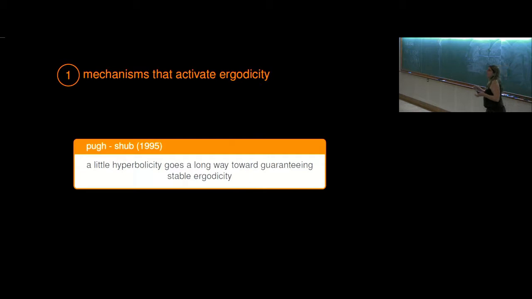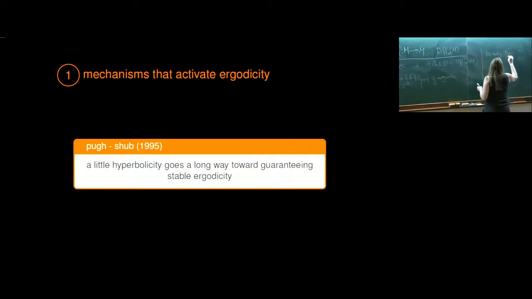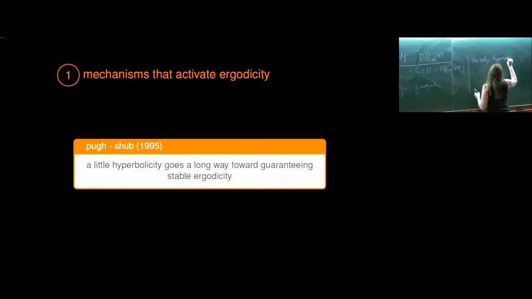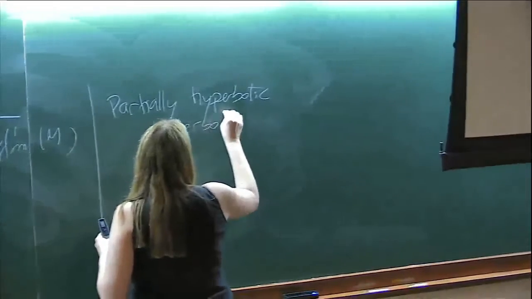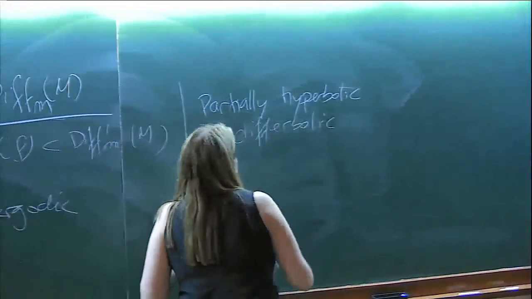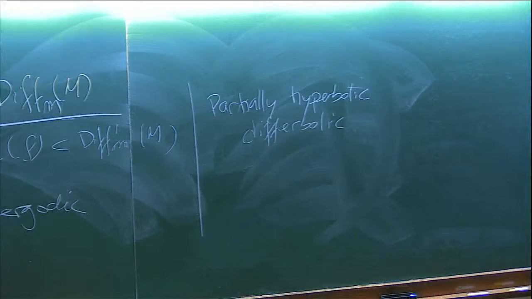But how little hyperbolicity? At that moment, they claimed that most partially hyperbolic diffeomorphisms were stably ergodic, which in the C1 topology was eventually proven by Artur Avila, Sylvain Crovisier and Amie Wilkinson.